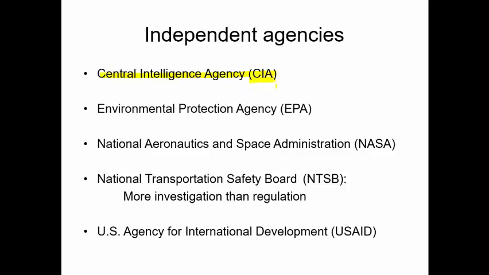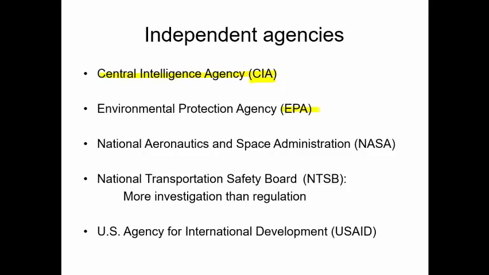So the CIA is providing a somewhat autonomous and independent function of gathering intelligence that the president is able to figure out what needs to happen with in the protection of our national security, because the president, of course, is our commander-in-chief.